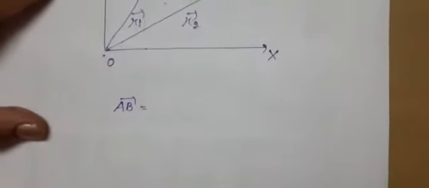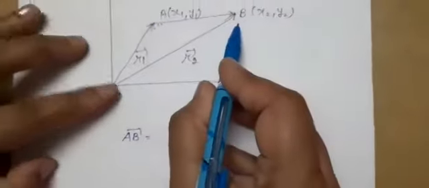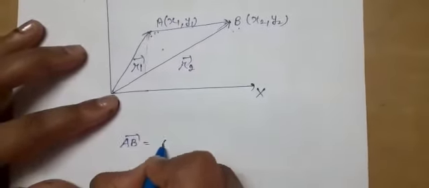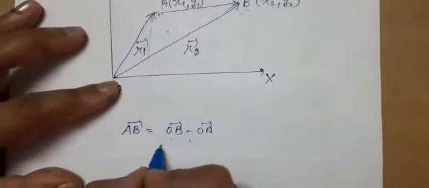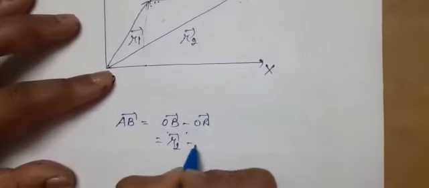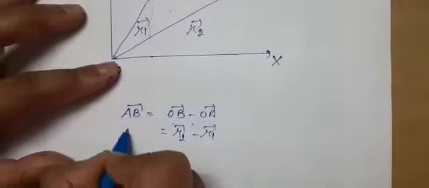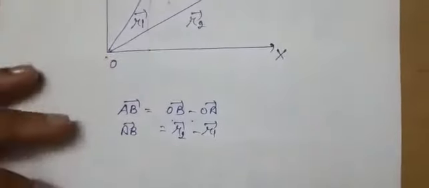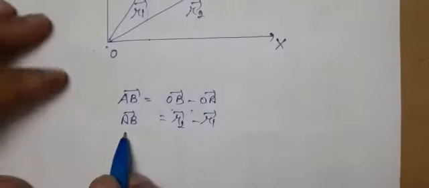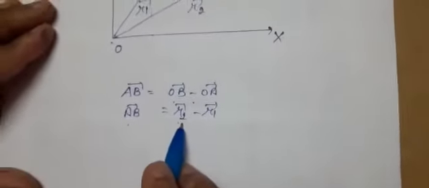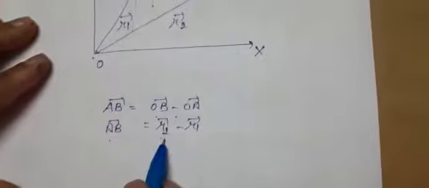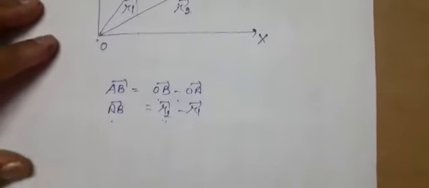Final position minus initial position. So if the final position vector is R2 and the initial position vector is R1, I can write OB, R2, minus OA, R1. So AB is taken as the displacement vector, given as the difference of the position vectors, that is the final position vector minus the initial position vector.